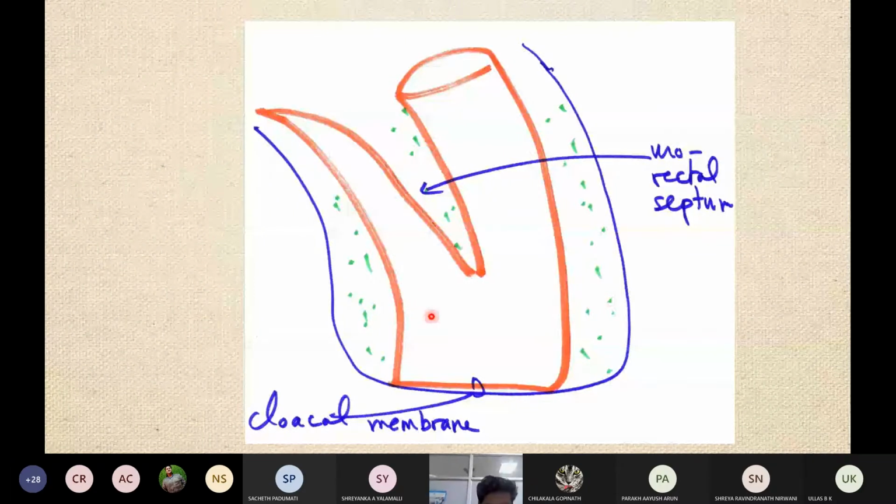And the ventrally situated allantois is going to divide the hindgut into the pre-allantoic area. This I told you, allantois.